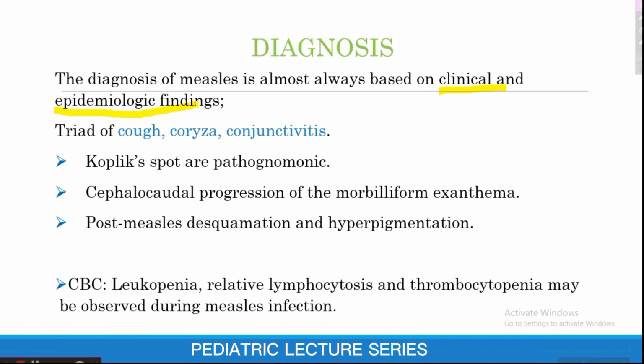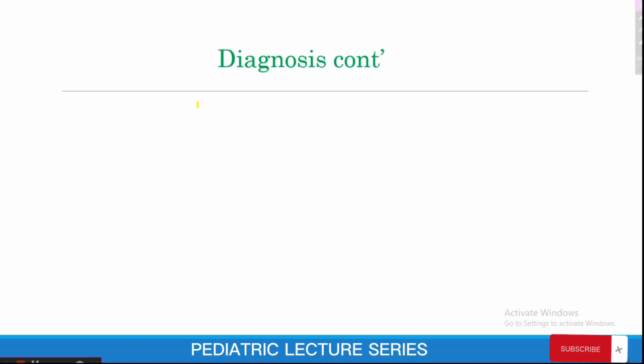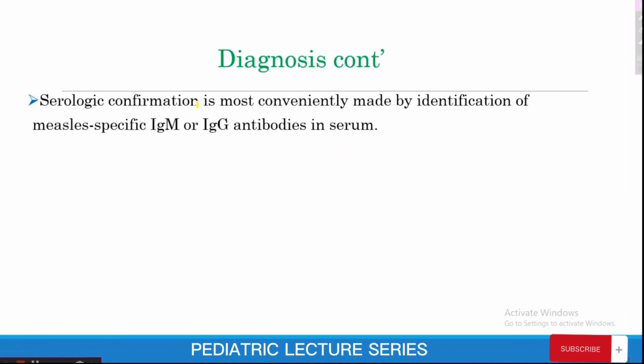And then also there are some lab findings that can help you to rule out different differentials and guide your diagnosis. For example, on CBC, you may see leukopenia and relative lymphocytosis and thrombocytopenia during measles infection. And then you can confirm by serology.